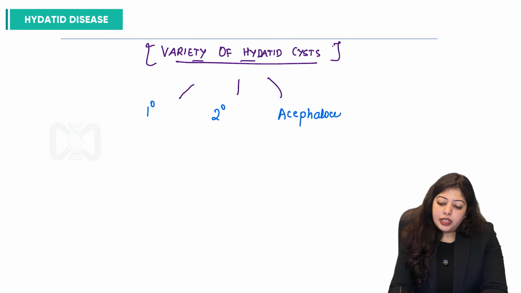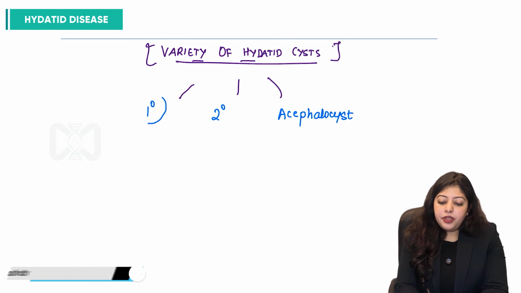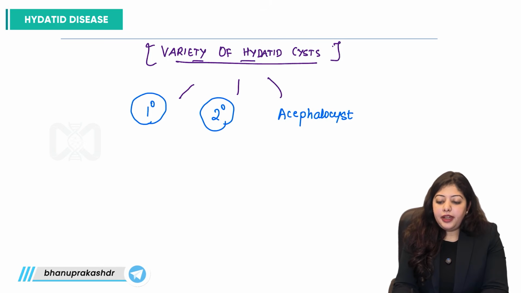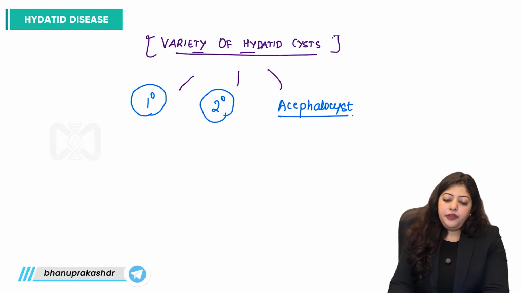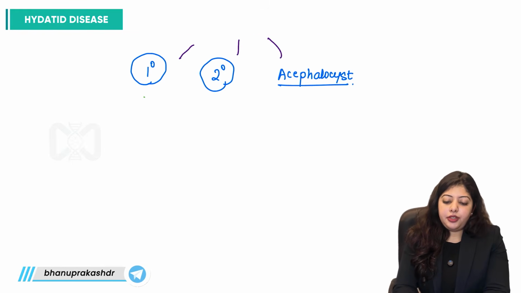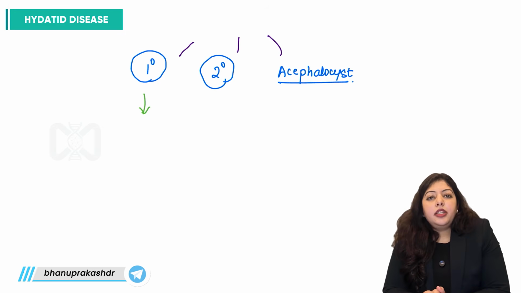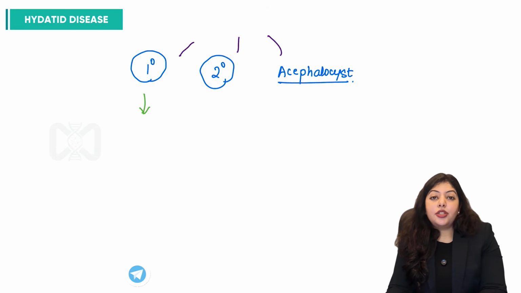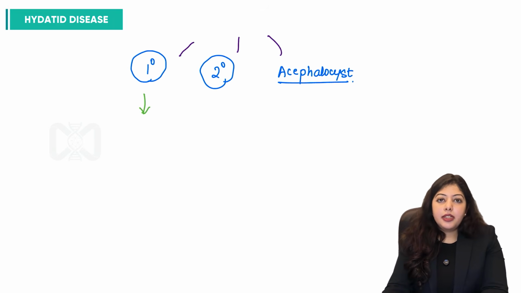So these can be primary cysts, secondary cysts and others. When we say primary cysts, that means the conventional development of the cyst. And how is that occurring?